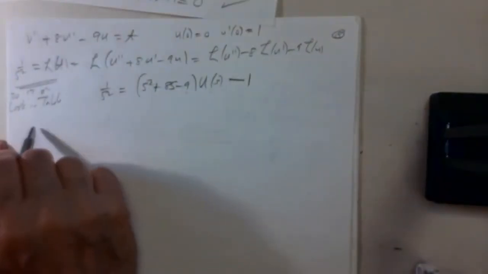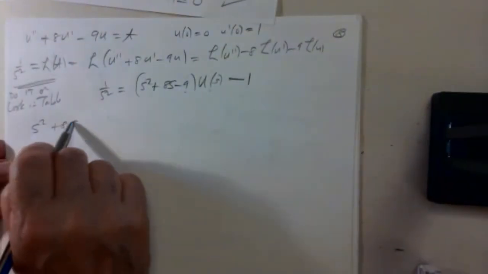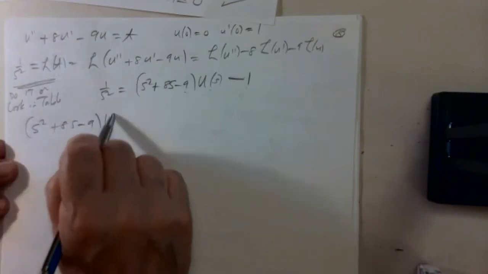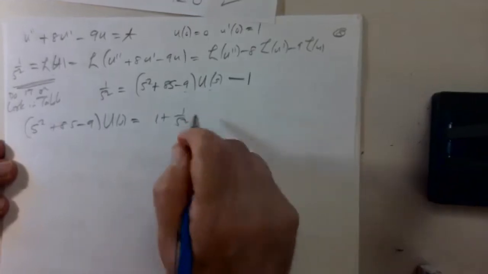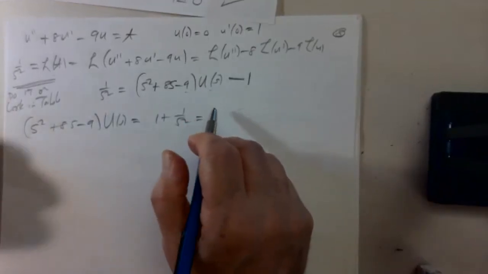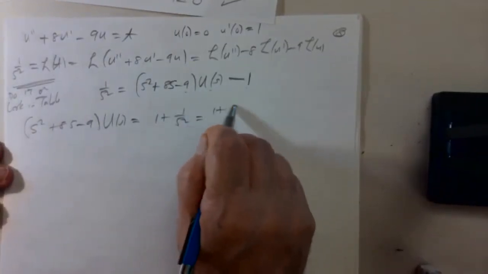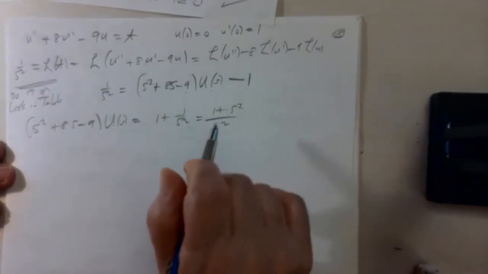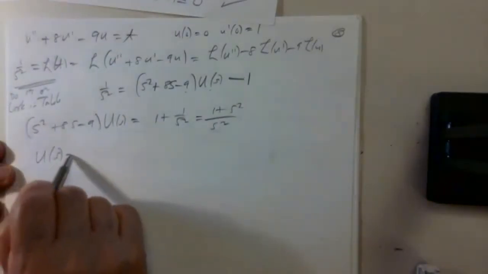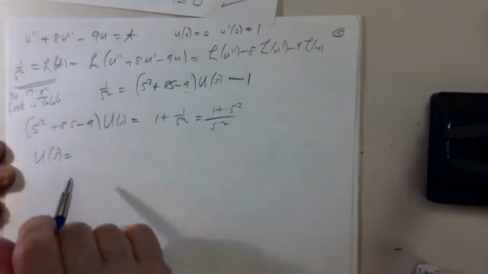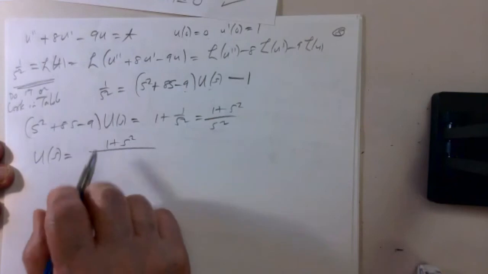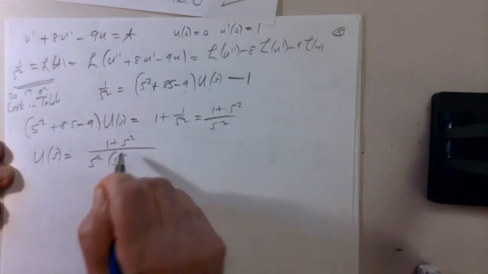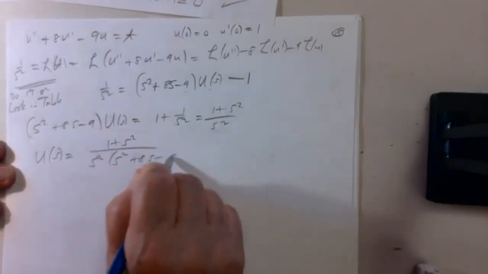Which means s squared plus 8s minus 9 times u of s is 1 plus 1 over s squared, or 1 plus s squared over s squared. So u of s is equal to 1 plus s squared over s squared times s squared plus 8s minus 9.